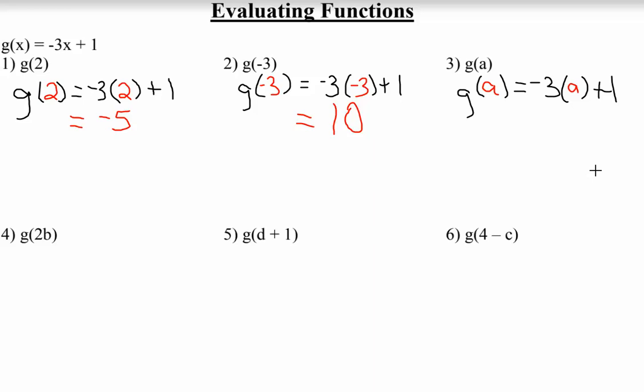Well, variables take the place of numbers. And quite simply, is there any way to simplify those parentheses or anything to do? Nope, it's just a multiplication, so we rewrite it. -3a plus 1. All we've done is swapped out the variable.